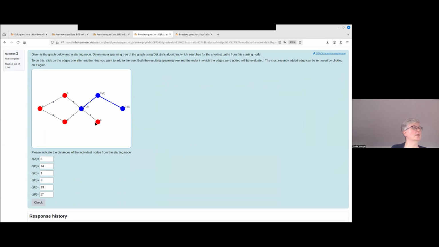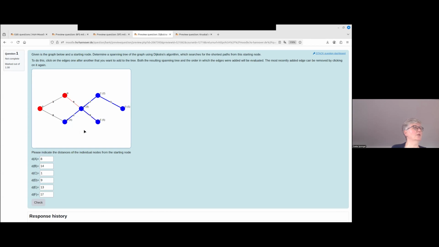We take, of course, the one with the smaller weight here. So okay, we have 3 possibilities. We have to take this one, and then where can we go? Maybe here or here. You can go here. Okay, it's not the best idea.